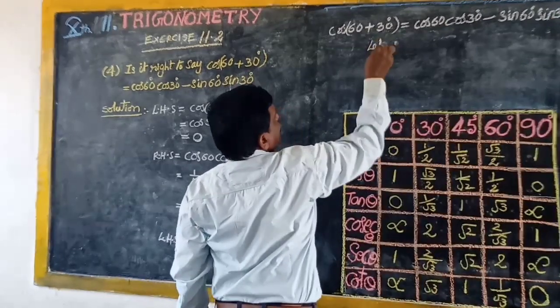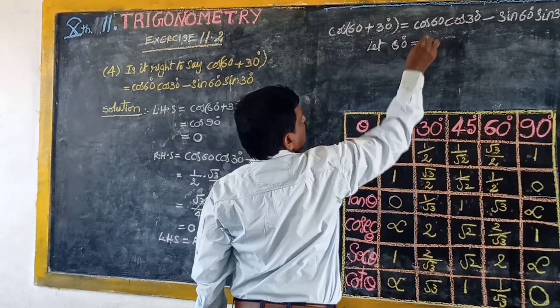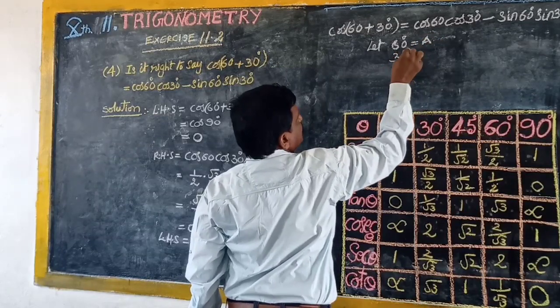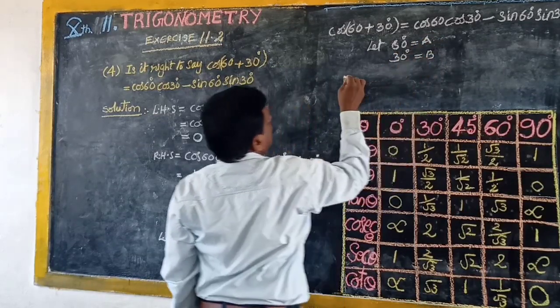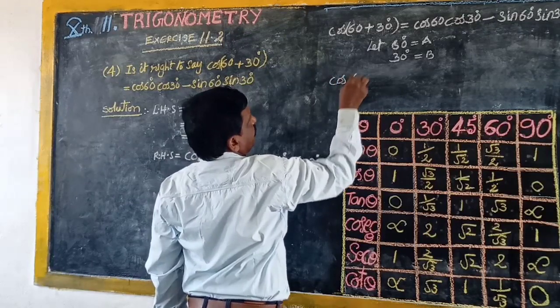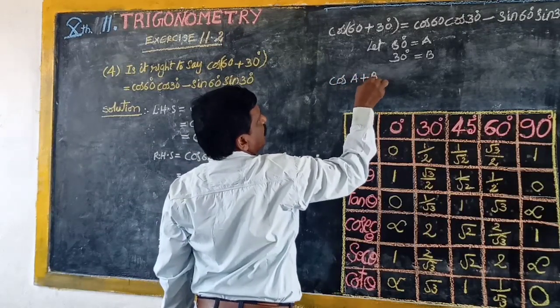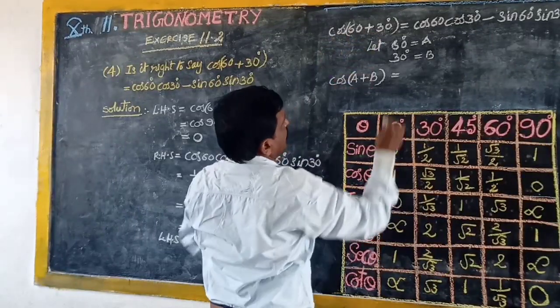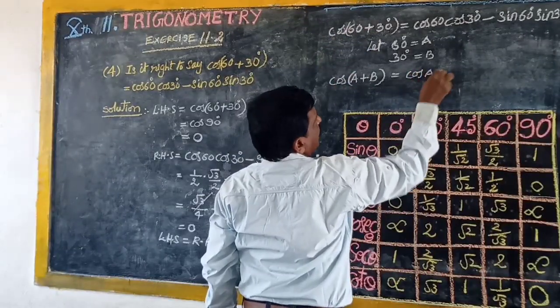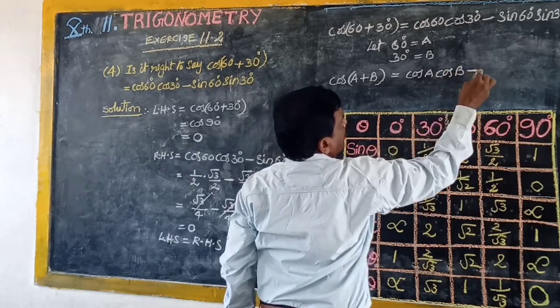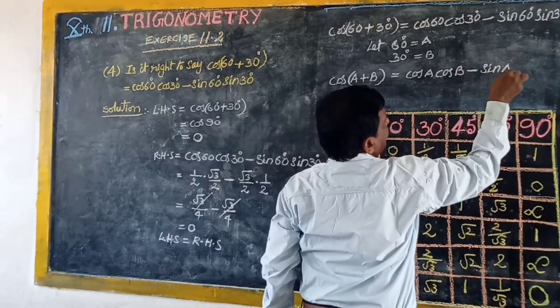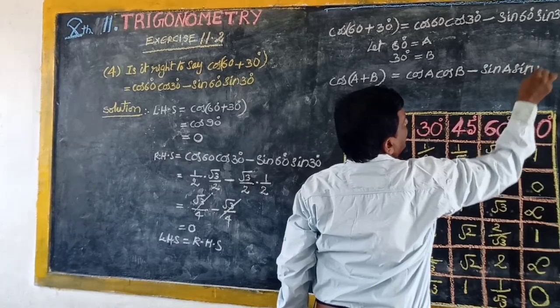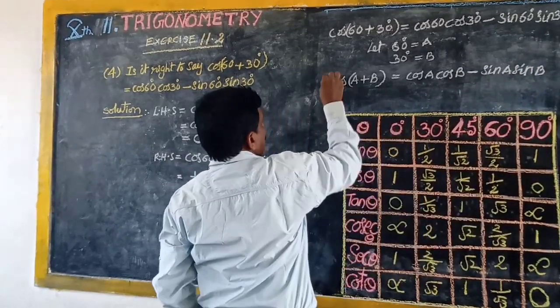So let 60 degrees be A and 30 degrees be B. Cos(A + B) is cos A cos B minus sin A sin B. This is the formula.